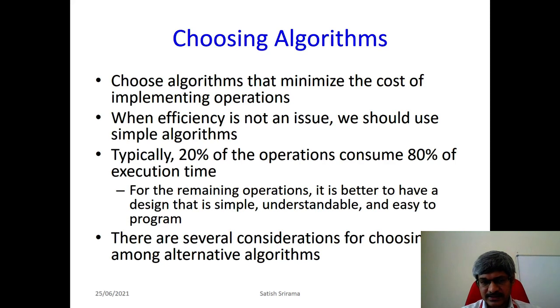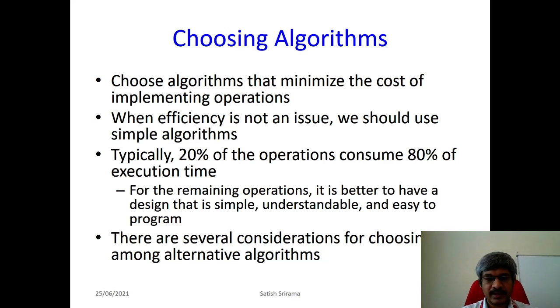But typically in any system, 20% of the operations consume approximately 80% of the execution time. So these 20% of operations are pretty complex. For the remaining operations, the other 80%, it is better to have algorithms which are very simple, understandable, and easy to program.